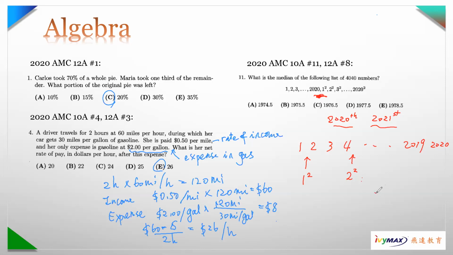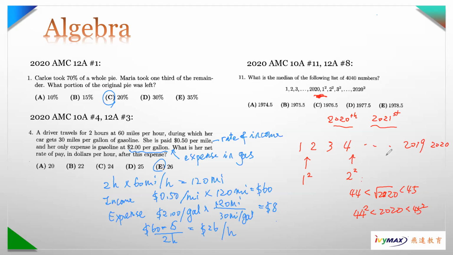So let's take the root of 2020, and we could find approximately that this root should be greater than 44 and less than 45. It will be clear that 44 squared should be less than 2020, and the one greater than that, 45 squared, is obviously just behind the 2020 if I sort it, right?